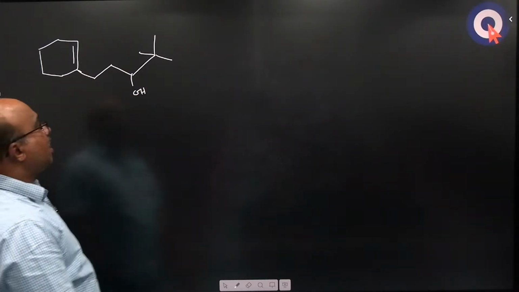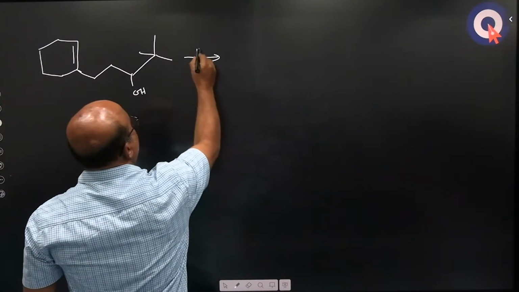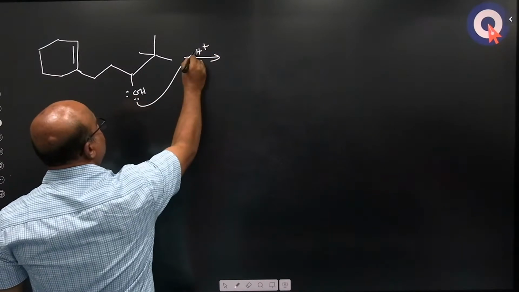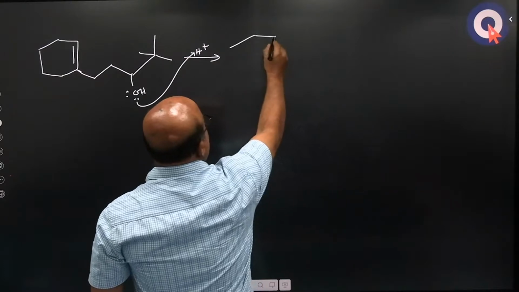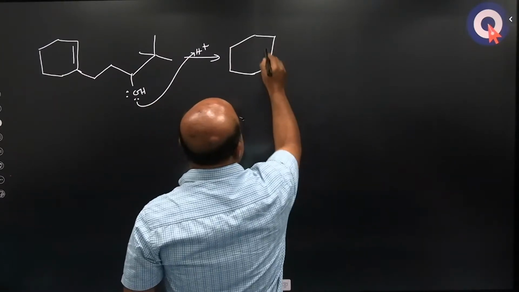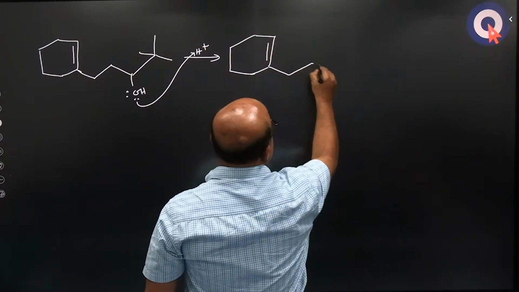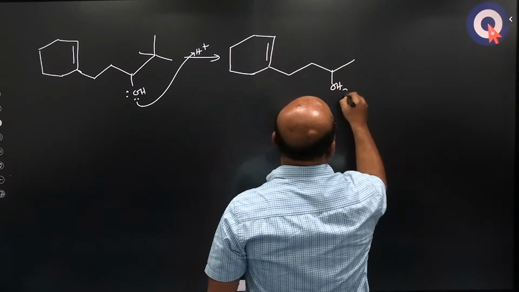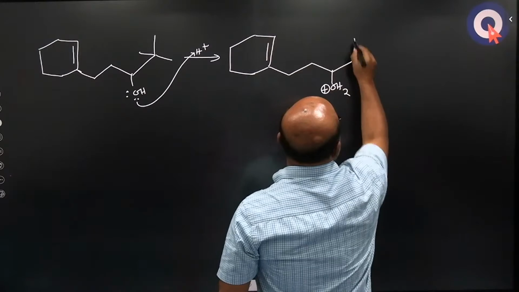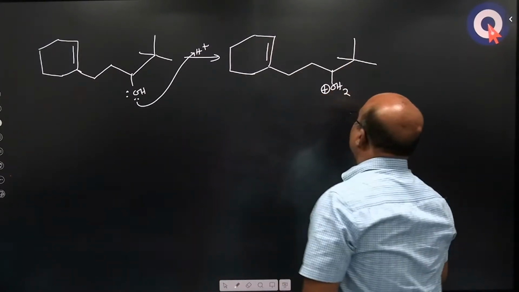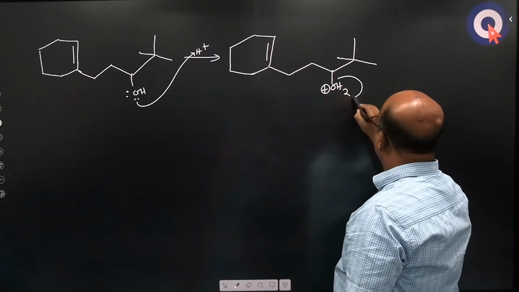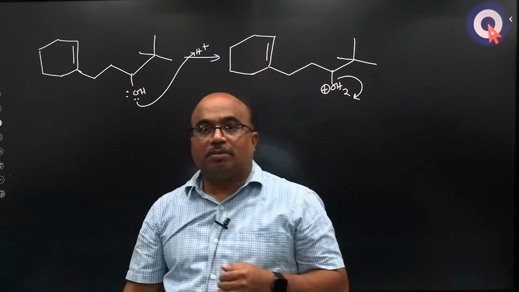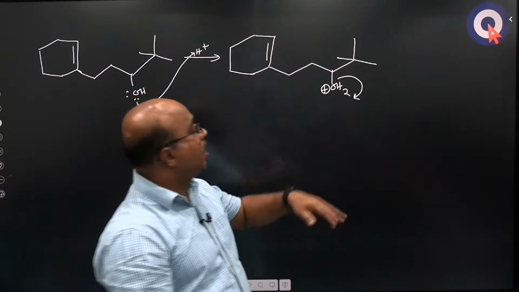So when we add H plus, the protonation takes place at this. But water is a good leaving group, it leaves. But we have a quaternary carbon next to it.